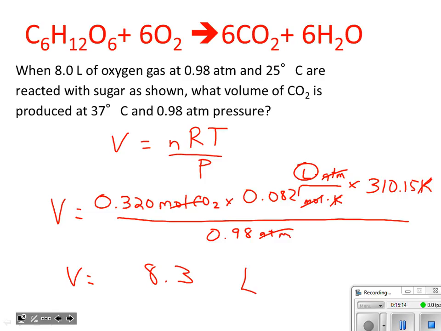Sound right? So I had to use my ideal gas law, my PV equals nRT, twice for that particular problem.